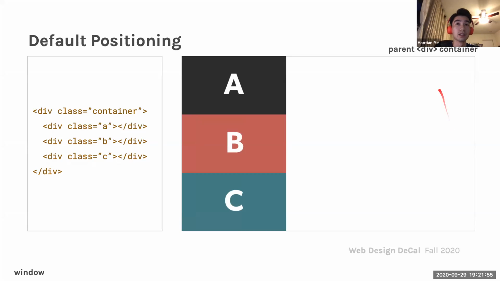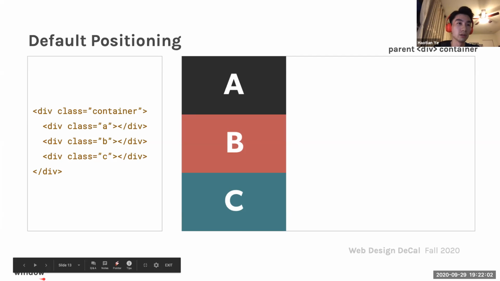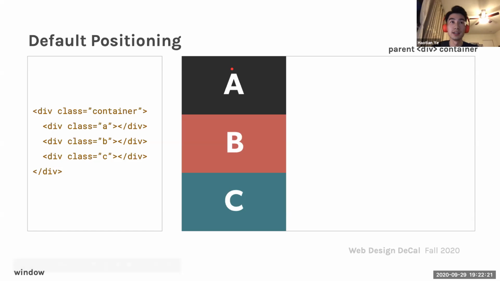So for default positioning, first of all, for these kinds of slides, whenever you see the window, this thing is blocking it, but it says window down here. Imagine this entire slide is your browser window, and the container is just inside this browser as a parent container, and within the container itself we have A, B, and C, rectangles of different colors.